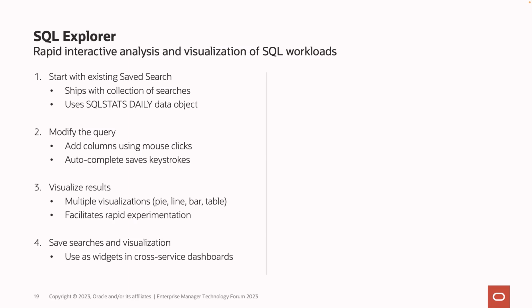So once you know which SQL you want to author using the SQL data objects, you can author or modify the query. Once you have saved the query, similar to Exadata Explorer, you can visualize that query by creating a widget. You can save the query, save the widget, and integrate that as part of an existing dashboard, or you can create a new dashboard based on these widgets for your own purpose.